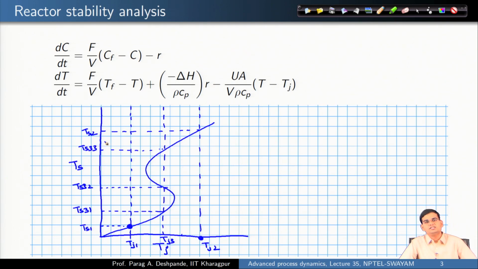You have 3 steady state temperatures. But we have previously seen that it is possible that you get multiple solutions, but all of them may not be stable. So, if you have one particular solution which is unstable, then you would not physically observe that solution, and therefore, you need to worry about only the stable solutions.